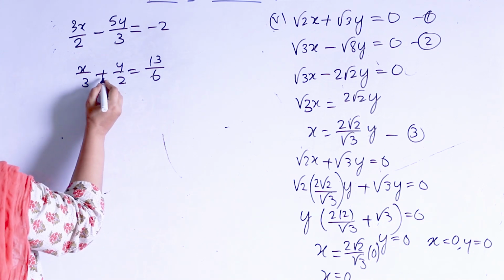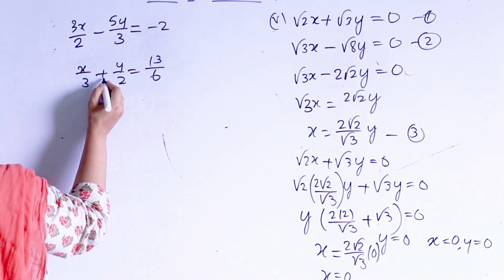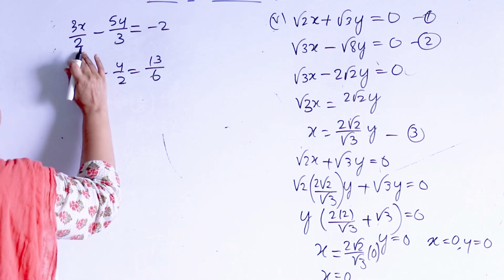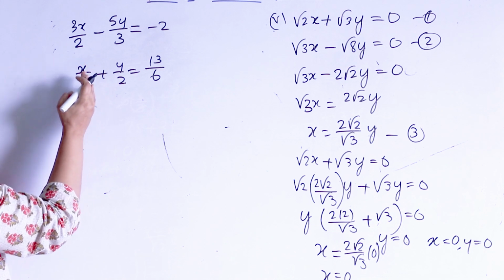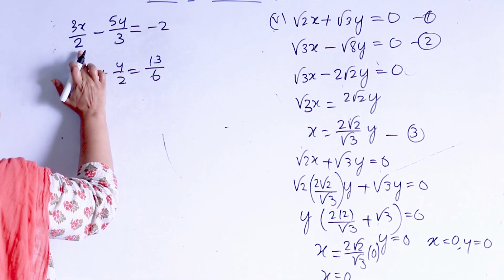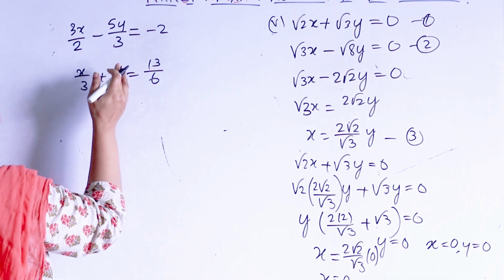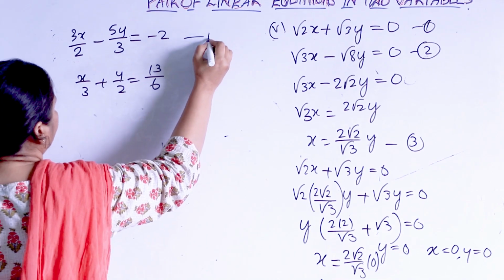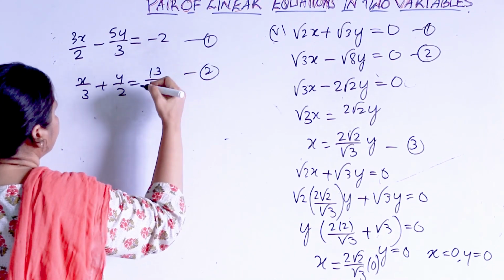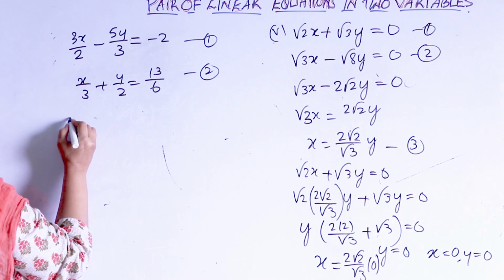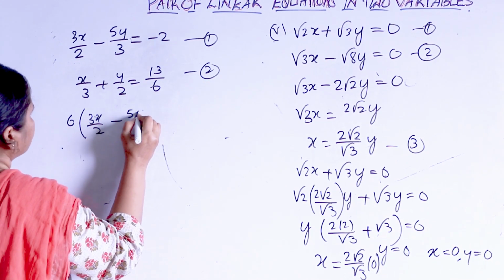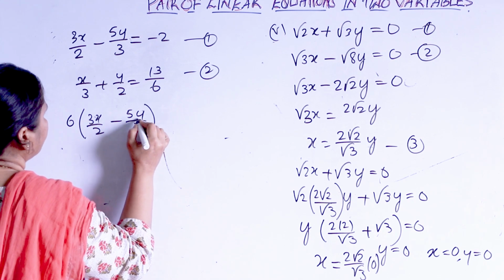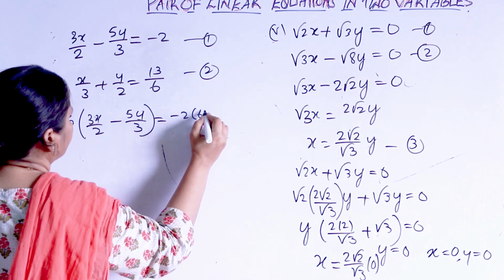So, as we have seen in the second equation of the second problem, we have denominators and we need to bring them to standard form. So, as I told before, take LCM of 2 and 3, which is 6. So, multiply both the equations by 6.